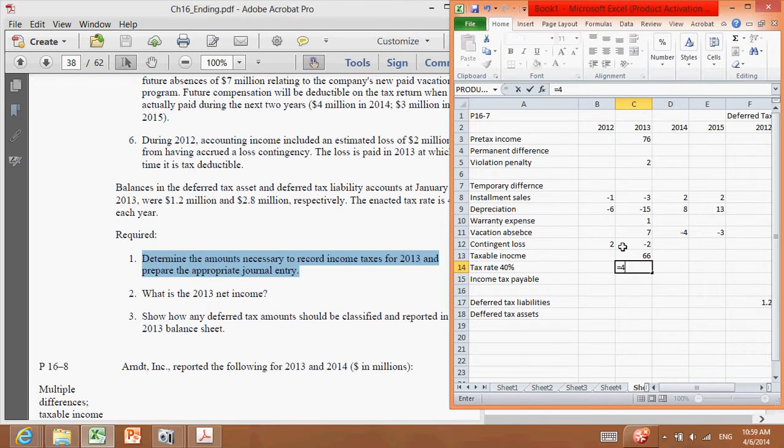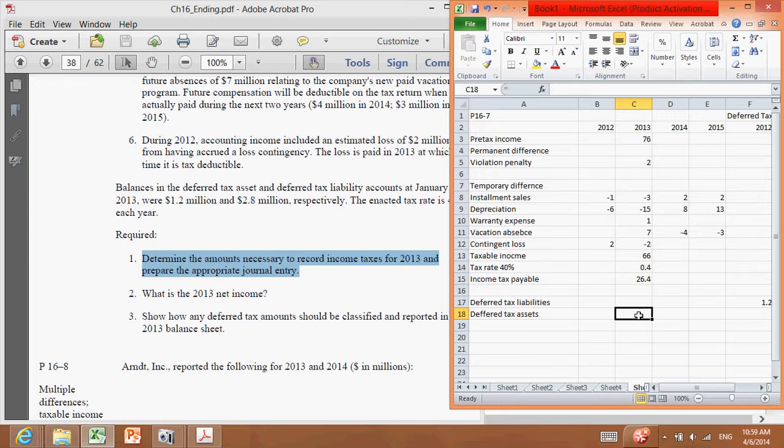How do I know the deferred tax liabilities and deferred tax assets of 2013? I will go to the total future tax liabilities and tax assets.